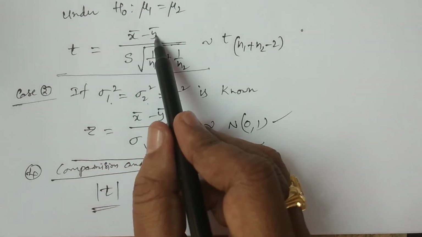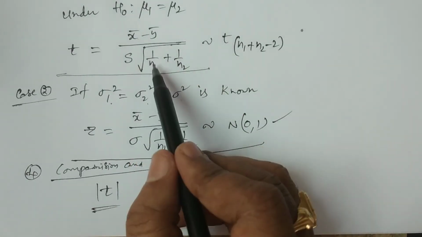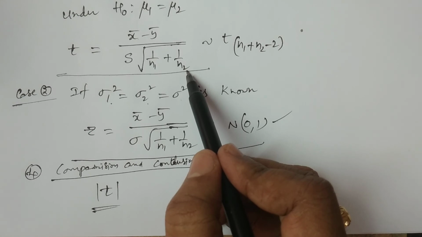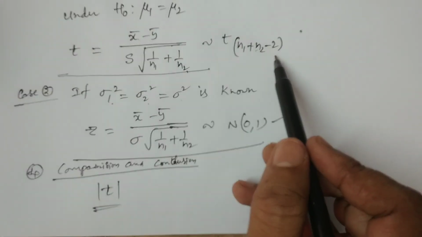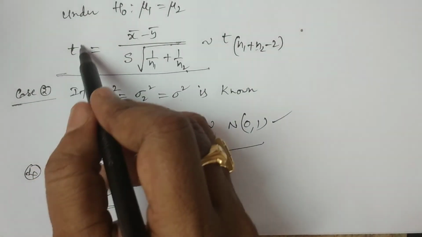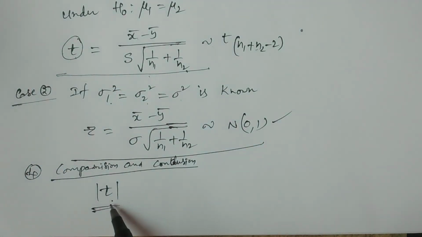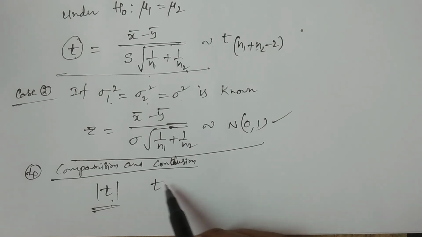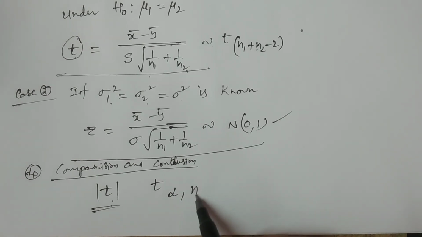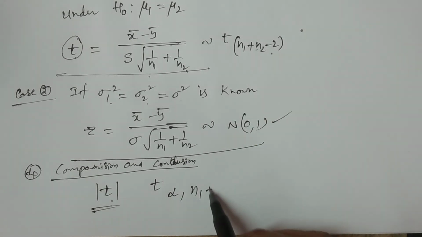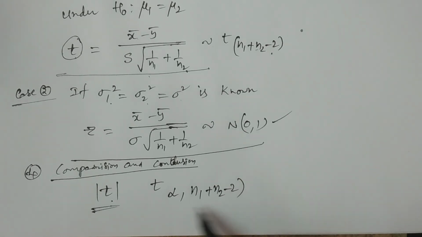T is equal to x bar minus y bar divided by S into the square root of 1 by n1 plus 1 by n2, which follows t with n1 plus n2 minus 2 degrees of freedom. We calculate this computed value t, and we get the tabulated or significant value of t at the specified alpha level of significance and n1 plus n2 minus 2 degrees of freedom.